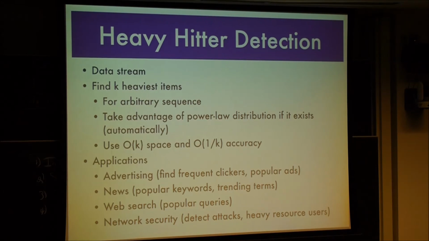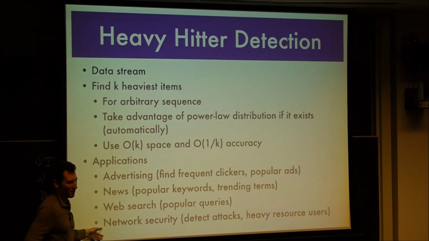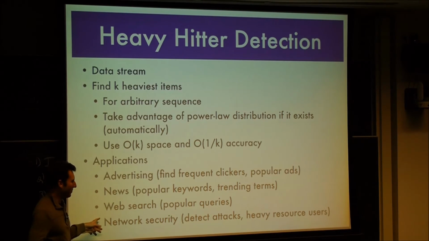It just turns out right now that apparently you can use NTP for bandwidth amplification by basically having NTP respond back to somebody else with a long list of answers. So you get like a factor of 200 bandwidth amplification quite easily. So this is exactly where you want to be able to detect very quickly, oops, something bad is going on, and you want to find the heaviest terms.